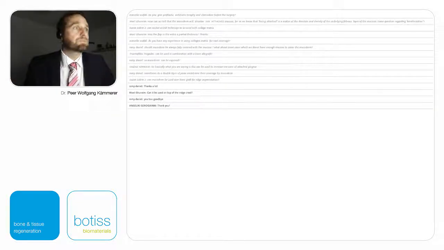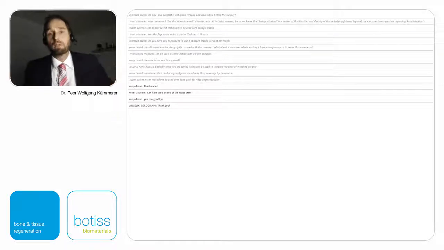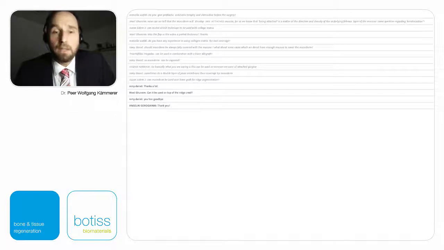augmentations. So basically, what it is saying is it can be used to increase the zone of attached gingiva. Yes, exactly. You just summarized the whole lecture. It can be used for vestibuloplasty.